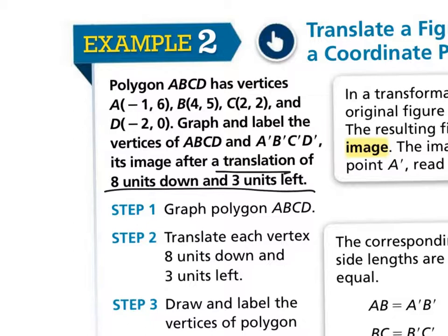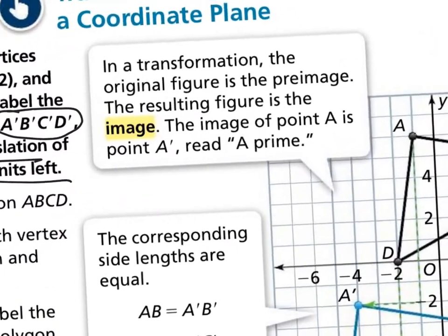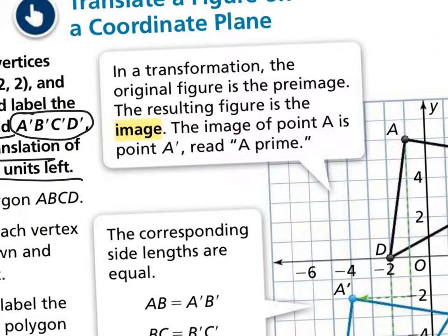The other thing, if you'll notice here, we have these little marks next to the points here. So if you have the little marks like that, the book talks about it over here. We have an image, and if you have something like this, we read that as A prime. The little mark next to it's called a prime.